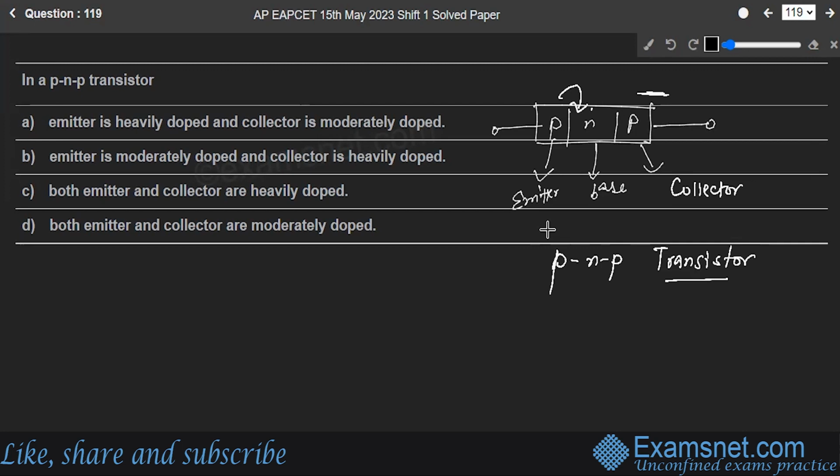This is done to collect the majority of the charge carriers from the emitter. I'm repeating this whole thing. The transistor emitter is heavily doped because it has to inject a very large number of charge carriers into the base, and the base is lightly doped and very thin, and it passes most of the emitter injected charges.